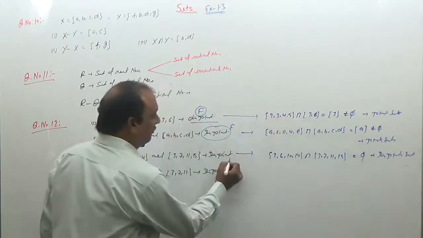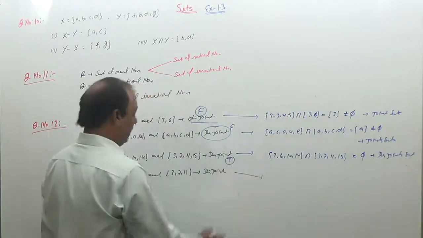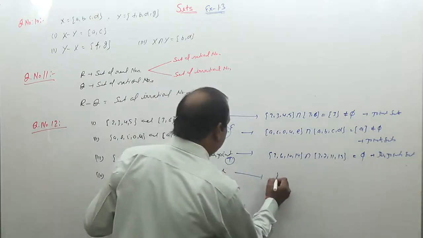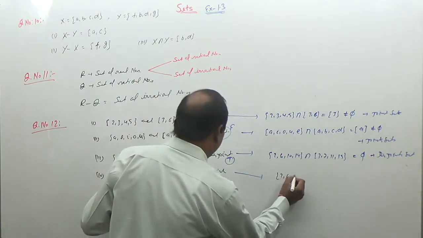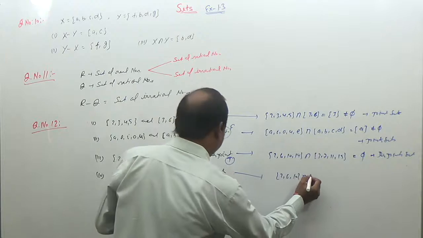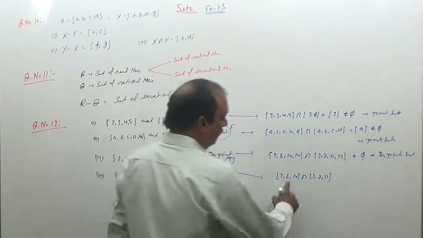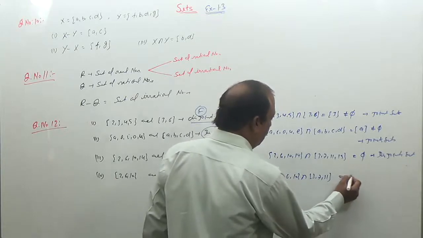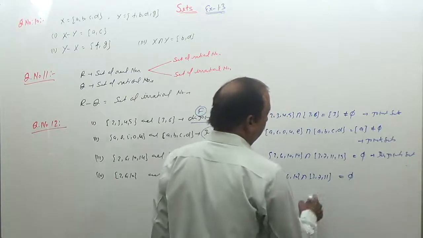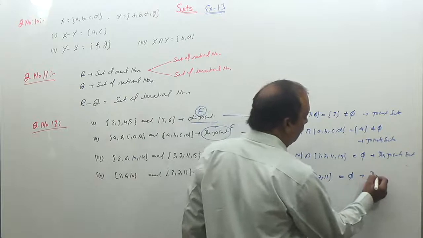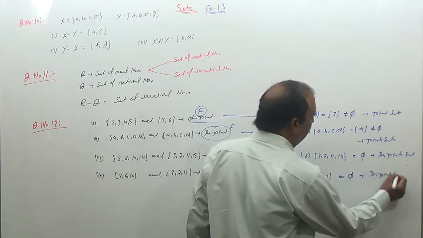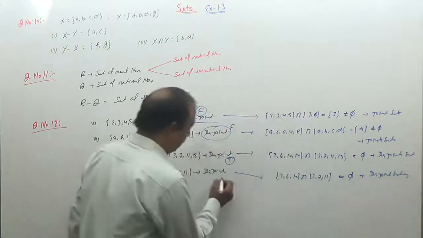So this one is true. And last part is, taking their intersection, {2, 6, 10} intersection {3, 7, 11}. In these two sets, there is no common element between them, so their intersection is the empty set. So these are also disjoint sets. So this one is also true.